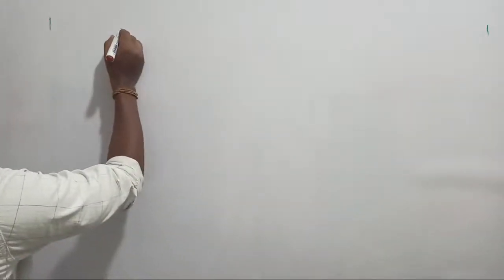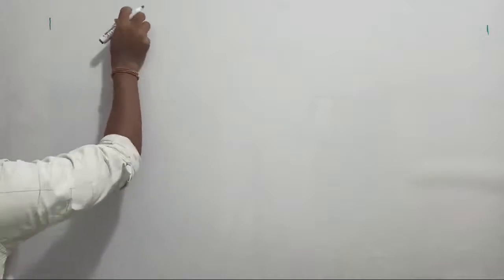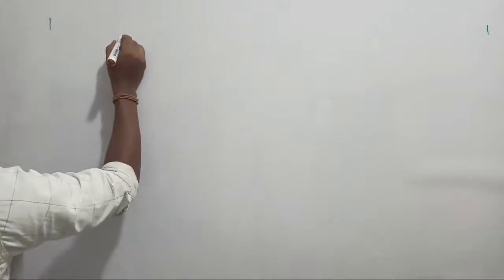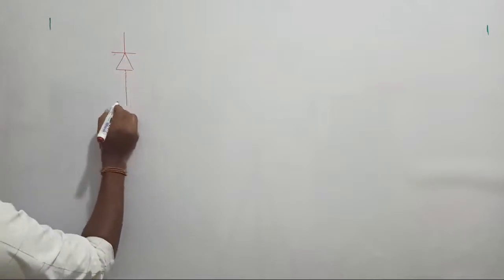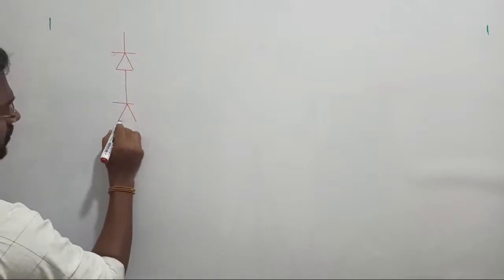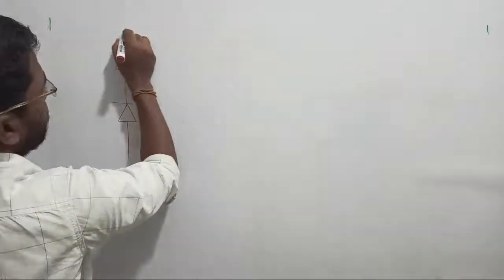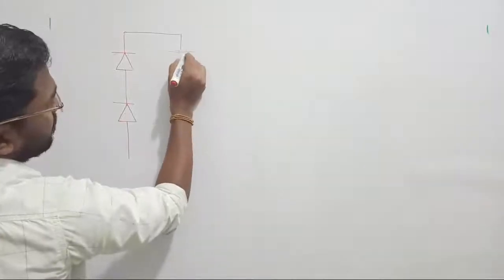Now, once again, let us draw the three-phase full-wave converter. Full wave in the sense we are going to use effectively six switches. Totally, the number of switches is going to be six. Then, how many pulses are we going to generate?